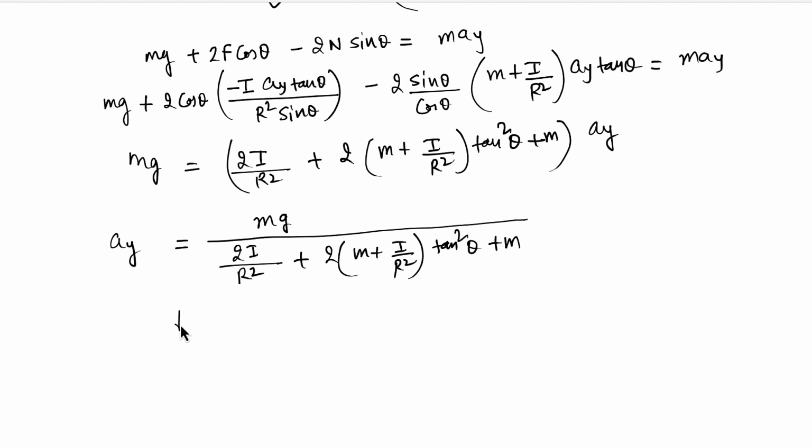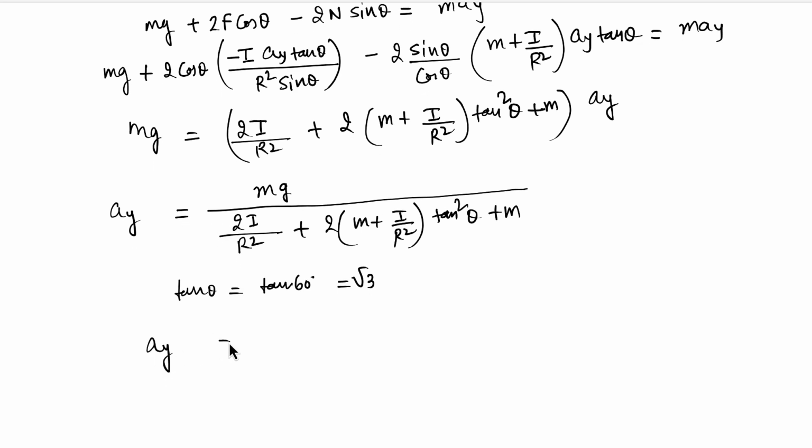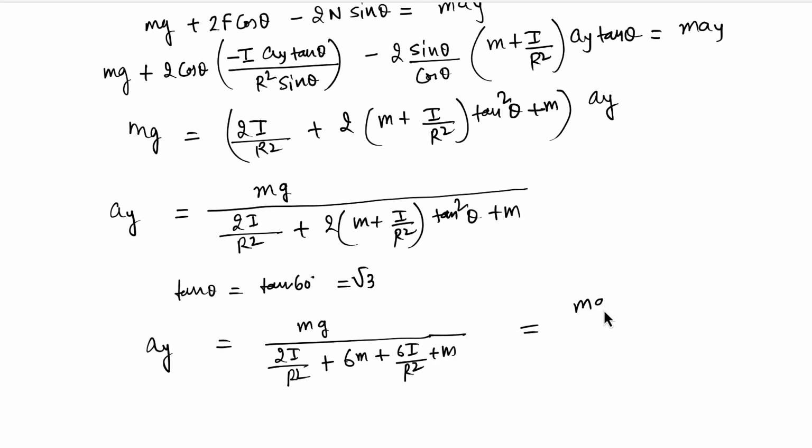Now in this case tan theta is tan 60 degree, which is √3. So ay is mg by 2I by r square plus 6m plus 6I by r square plus m, which is mg by 7m plus 8I by r square.